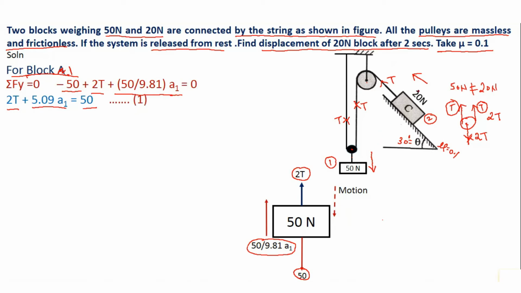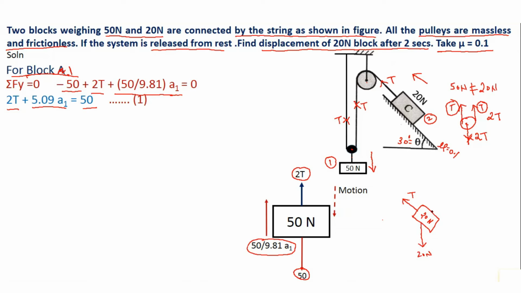Now let us proceed further to make the free body diagram of this 20 Newton block. I will make a block of 20 Newton. The first force which we show is the tension or the applied force, which is T, we have already assumed. Self weight always acts vertically downwards, so it will be 20 Newton.